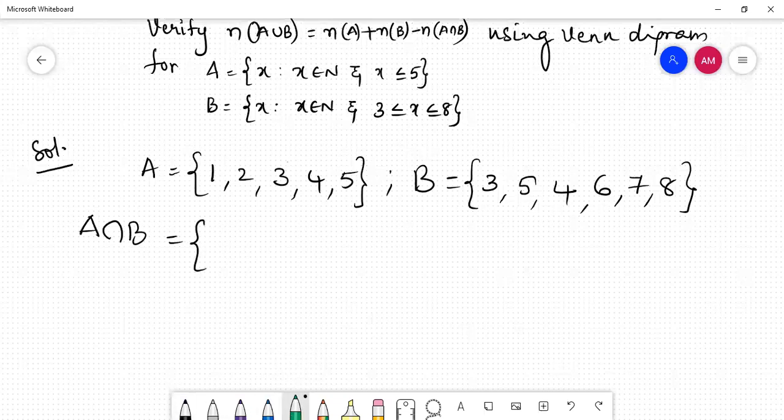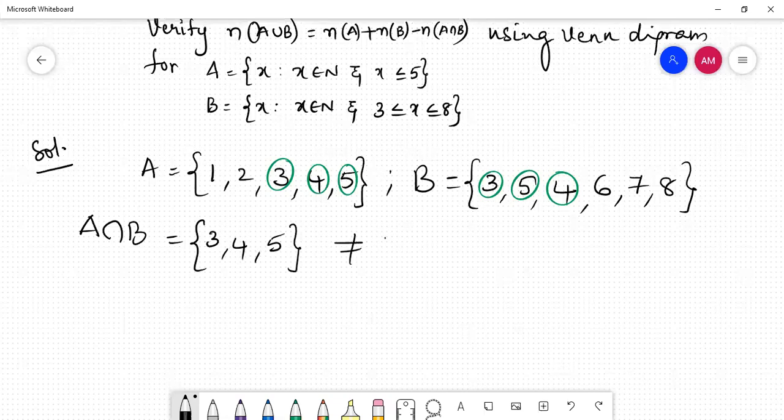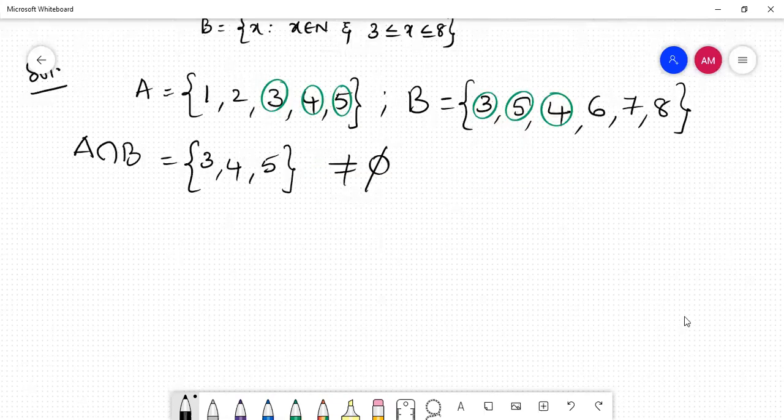How many common elements do these two sets have? 3, 4, 5. So this is equal to the set containing 3, 4, 5. This is not equal to phi. That means A and B are not disjoint sets.